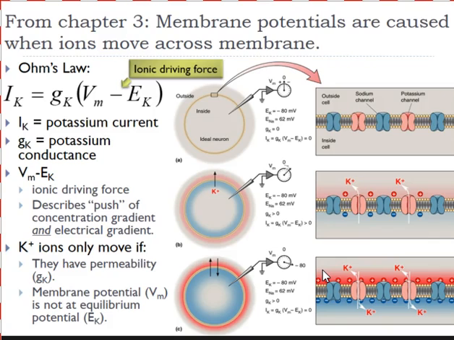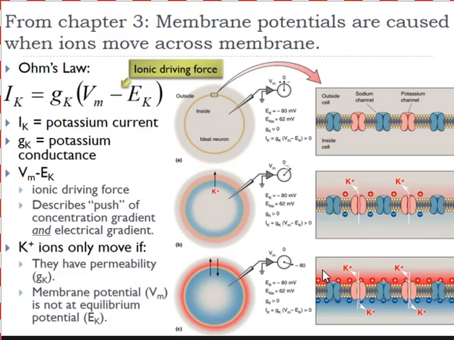We've hit an equilibrium where potassium ions go from inside to outside down their concentration gradient, but they're also going from outside to inside as they're attracted to the negative charges inside the membrane. So at this point we have no net current either, because the difference between the membrane potential and the equilibrium potential is now 0, and therefore you have 0 current.